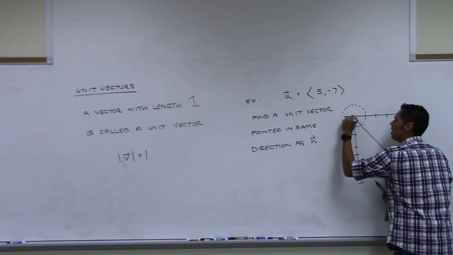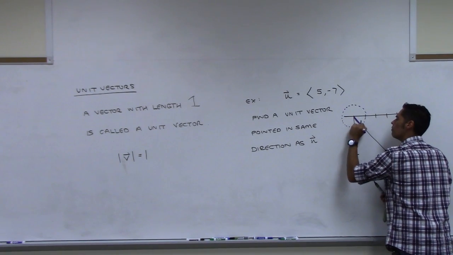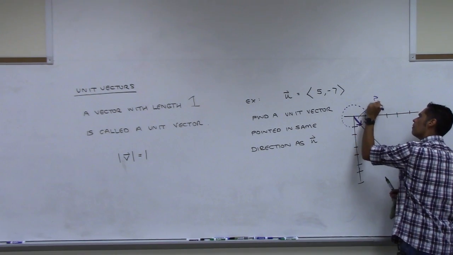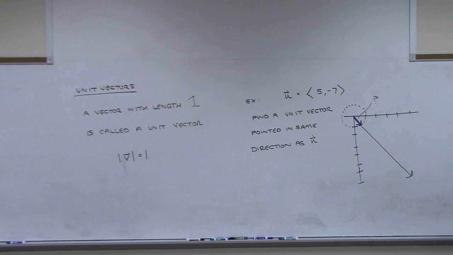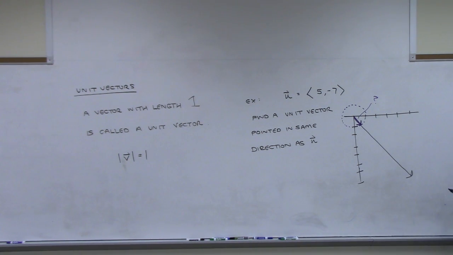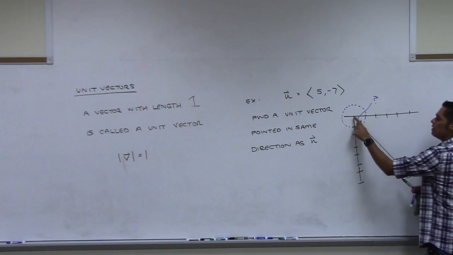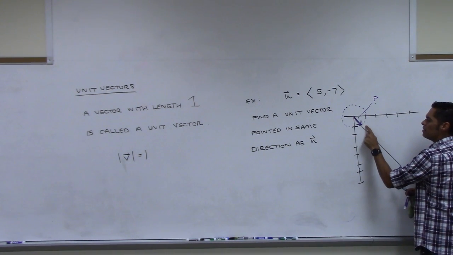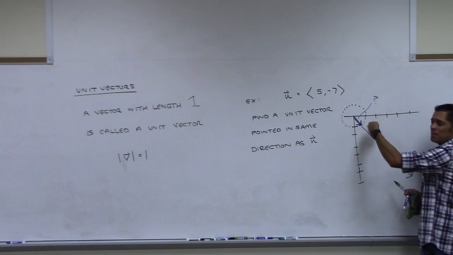In other words, this one right here. Can you tell me what it is? 1, -1 won't quite be the same direction, and it won't be on the unit circle. It would be outside the unit circle, and it would not point in the same direction.